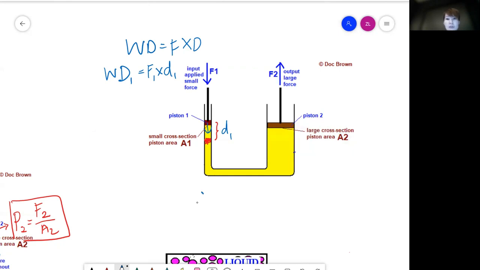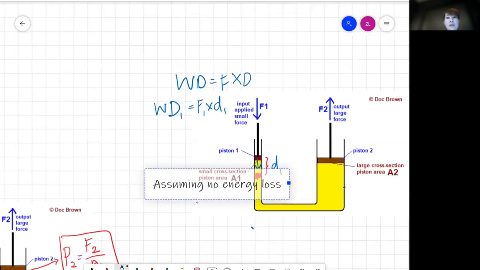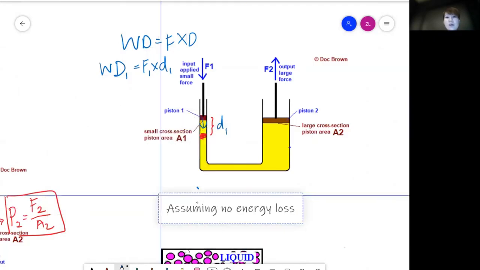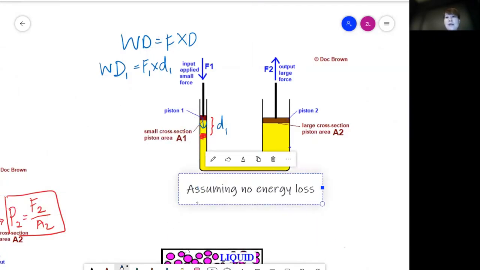This is important: assuming no energy loss to the surrounding. Of course, we know that this is an ideal situation. Energy will usually be lost whenever there are moving parts. It can also give rise to friction that causes heat and sound. But assuming no energy loss, whatever energy is supplied at piston 1 will all go towards piston 2.